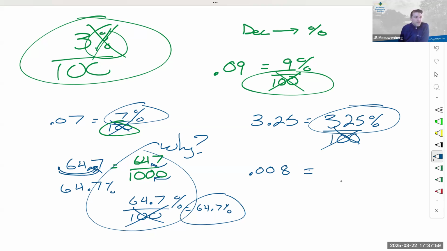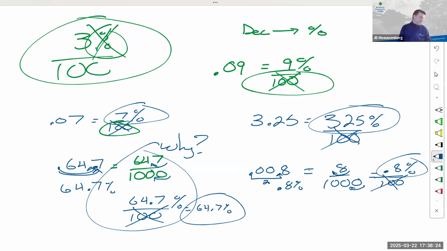The last one, 0.008, would be 8 thousandths, but we don't want 1,000, we want it out of 100. So let's move that decimal one spot back to the left in both cases. 0.8 out of 100. Remove our out of 100, add our percent sign, and we're at 0.8%. And yes, it was just moved 2 spots to the right with that decimal.